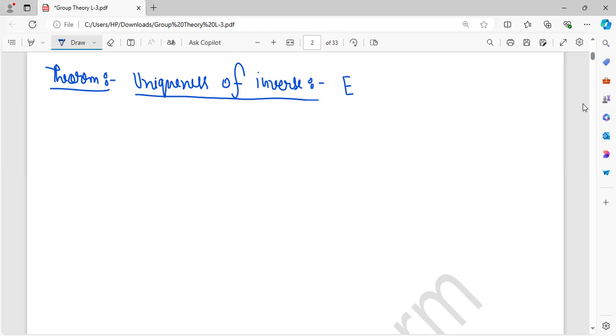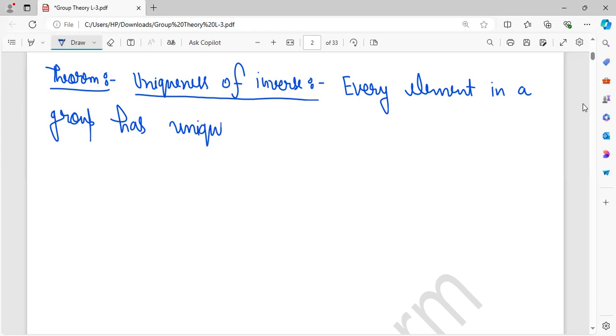Every element in a group has a unique inverse. Okay. So we'll prove it.